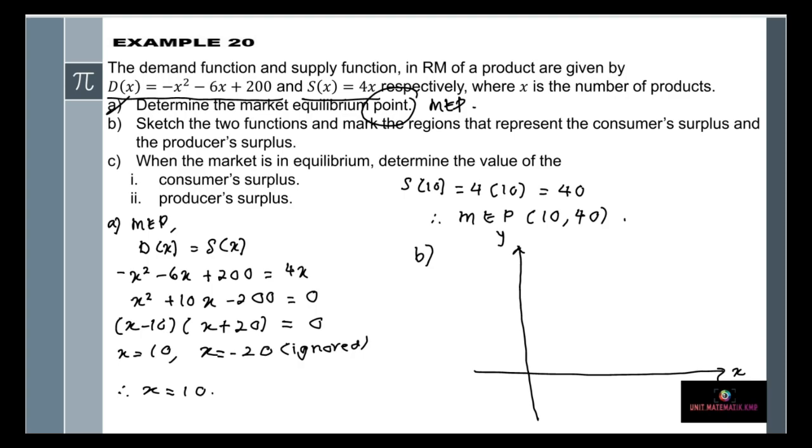We have quadratic with 200, so let's say we have this way, and this one we have something like this. This one is S(x), and this one is D(x). Oh, hang on, let me do it properly.